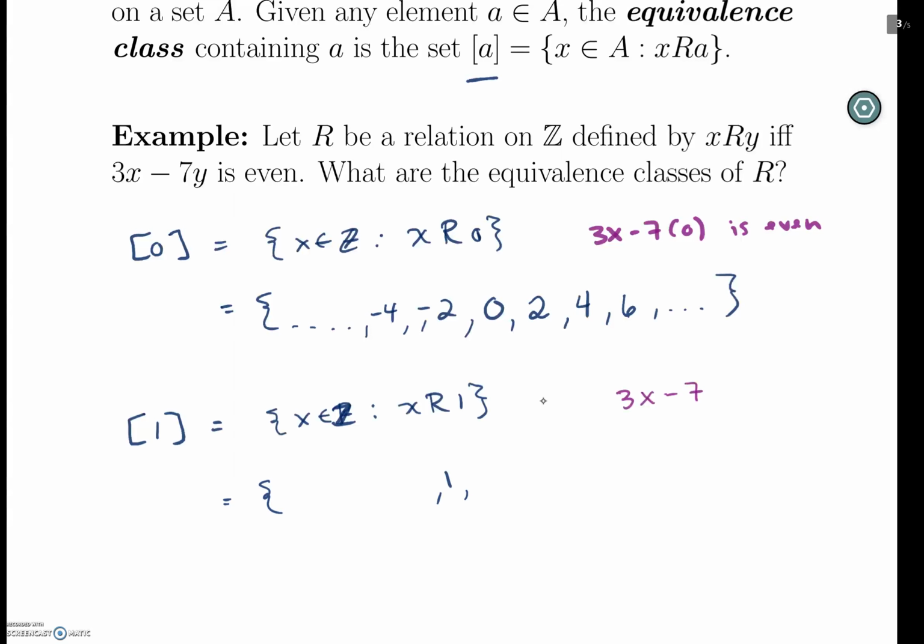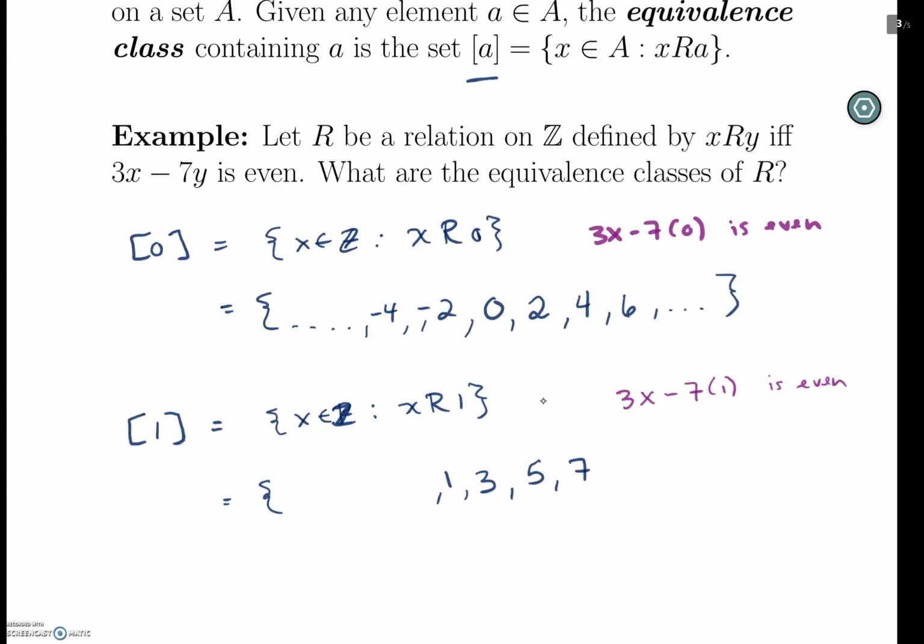We need 3x minus 7 times 1 to be even. So if I plug in 1, that's certainly going to work. 2 is not going to work, but 3 does work, because 3 times 3 is 9 minus 7 leaves us with 2.